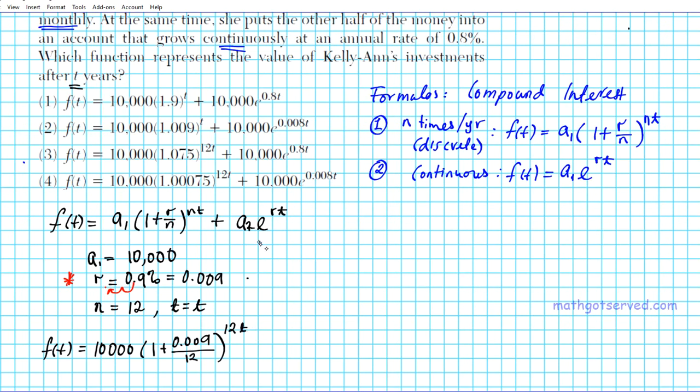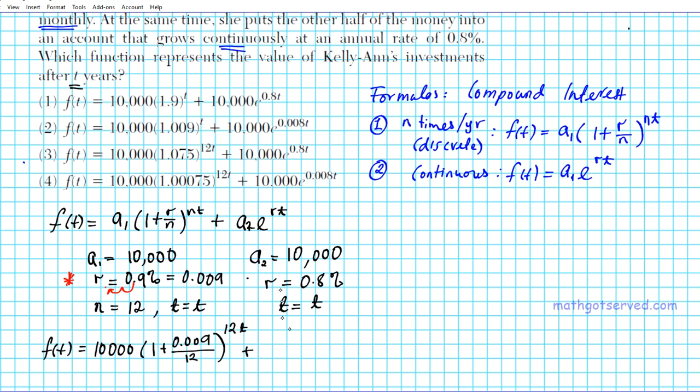Okay? All right, now for the second account, we're going to add that on. She put the other 10,000, the other half, in here. For this one, all we need is the rate. The rate is 0.8%. The time is just t, because we're looking for her balance after t years.